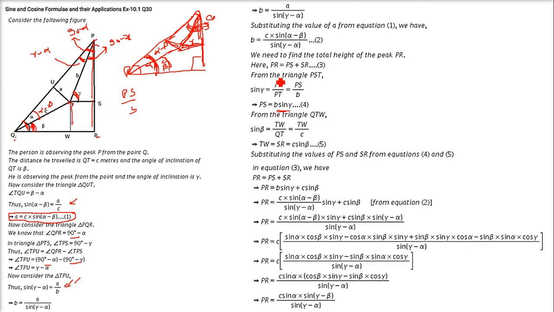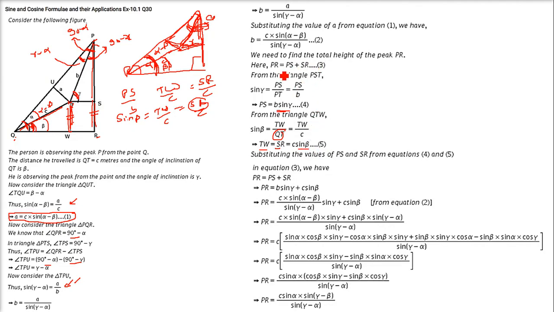Perpendicular upon hypotenuse, that is TW by hypotenuse C. But TW and SR are equal, so it is SR by C. So SR is C into sine beta, because QT is C. Let me tell you again: sine beta is perpendicular upon hypotenuse, TW by C, but TW and SR are equal, so SR is C sine beta.